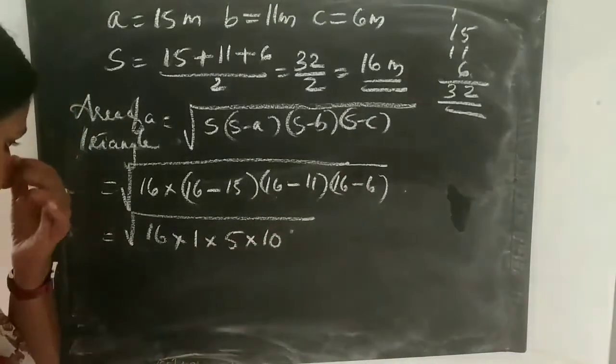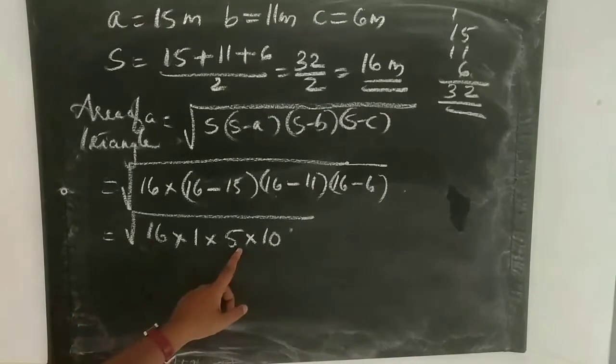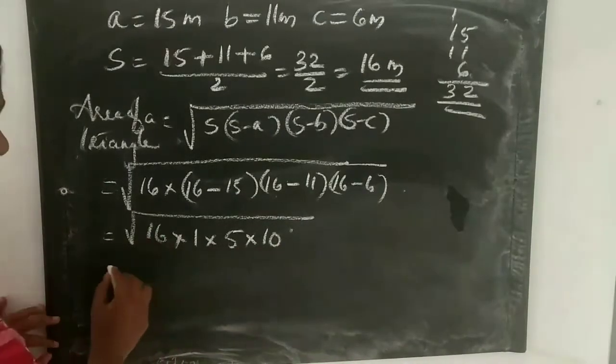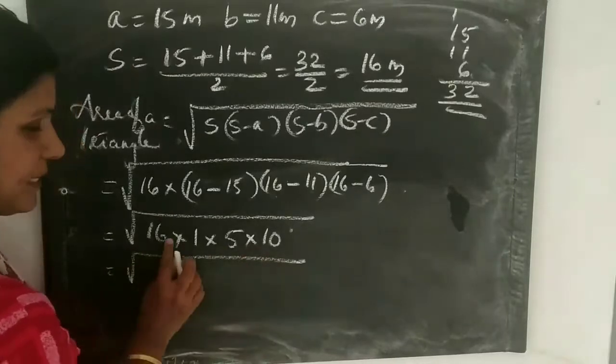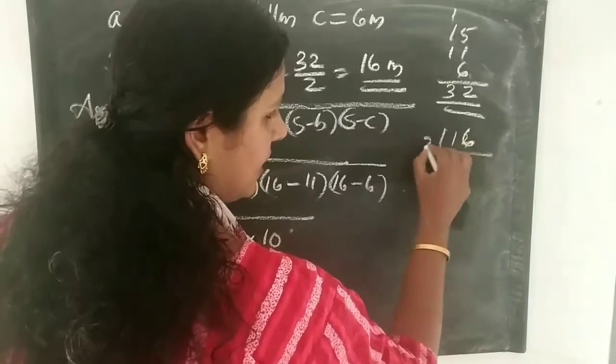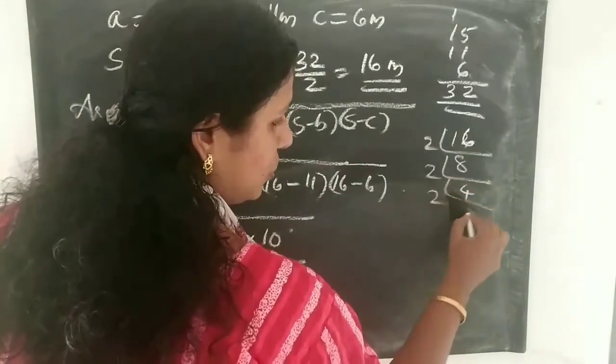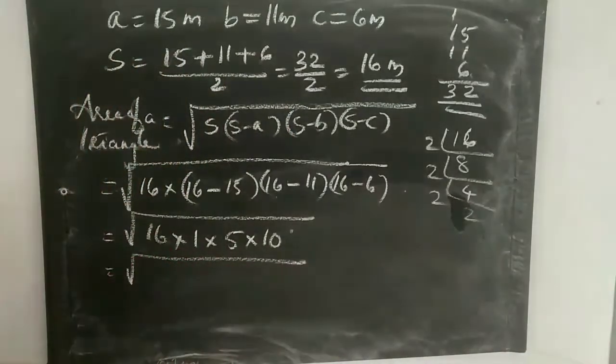From this we get 16 into 5 into 10. We can break down this 16 by the prime factorization method. How to do this? 16 is 2 8s are 16, 4 2s are 8, 2 2s are 4. Like that you can do.